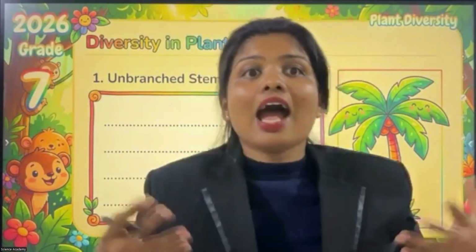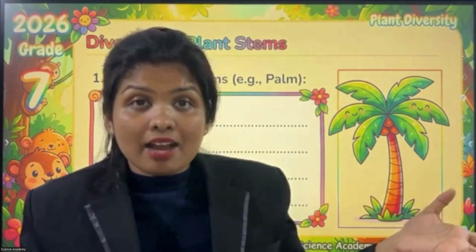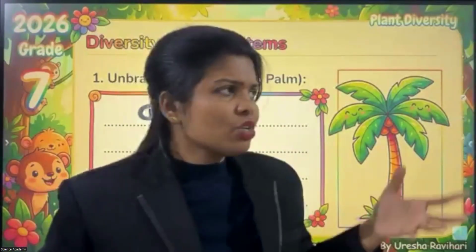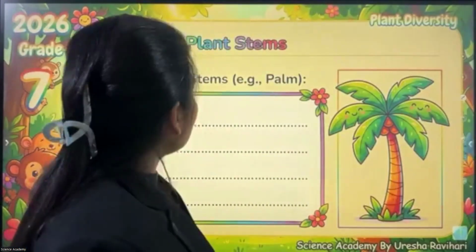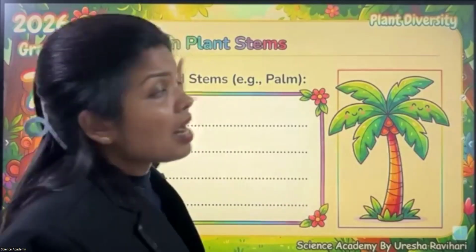Coconut, arecanut, palmyra, these plants, grasses. They don't have branches. So here children, you can write the topic: unbranched stems means plants which don't have branches.